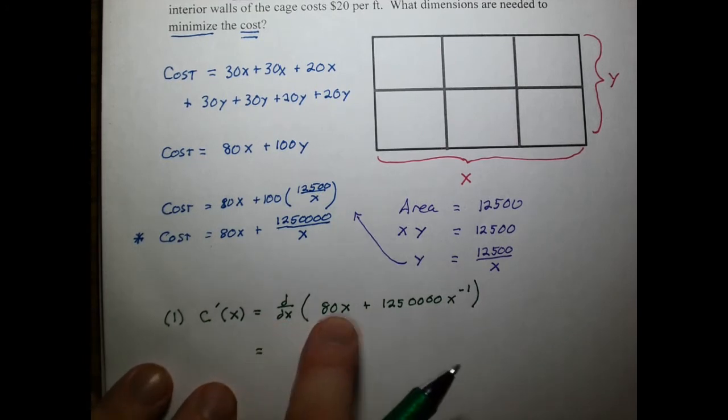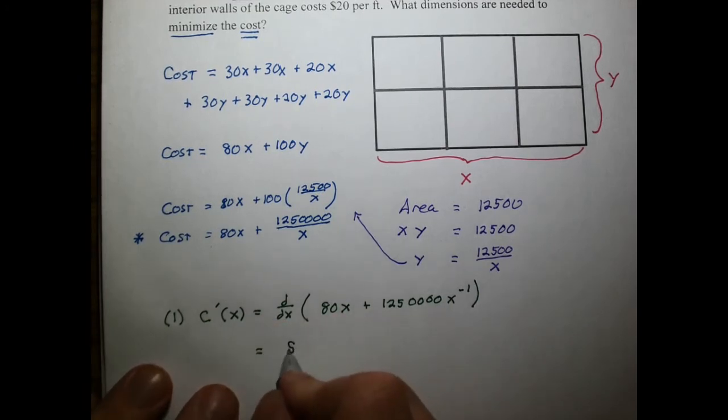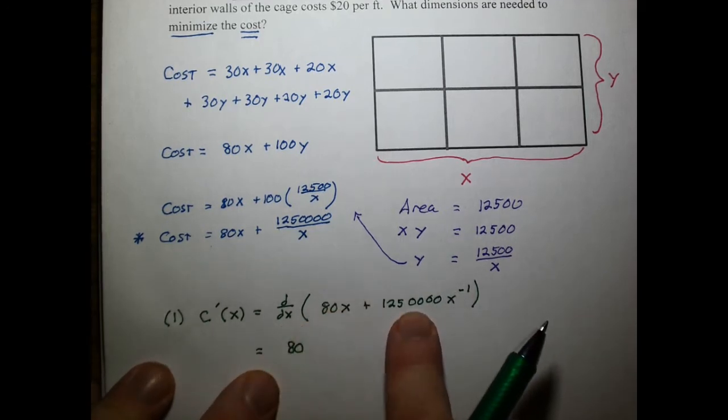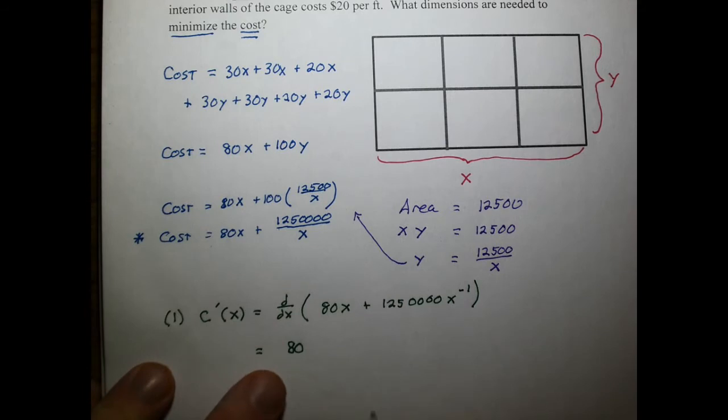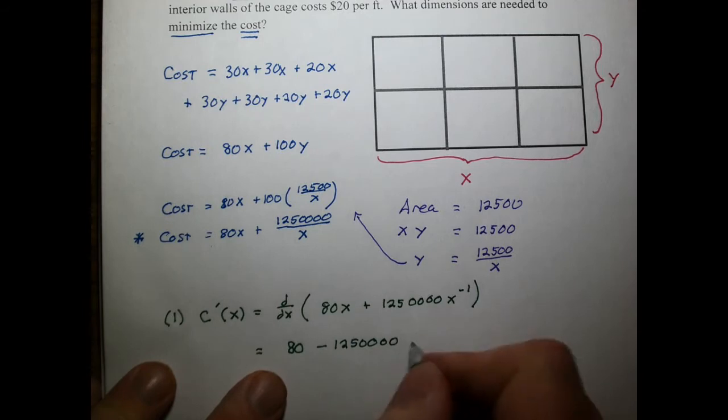So the derivative of 80x is 80. The derivative of 1,250,000 x to the negative 1 is negative that number, x to the negative second.